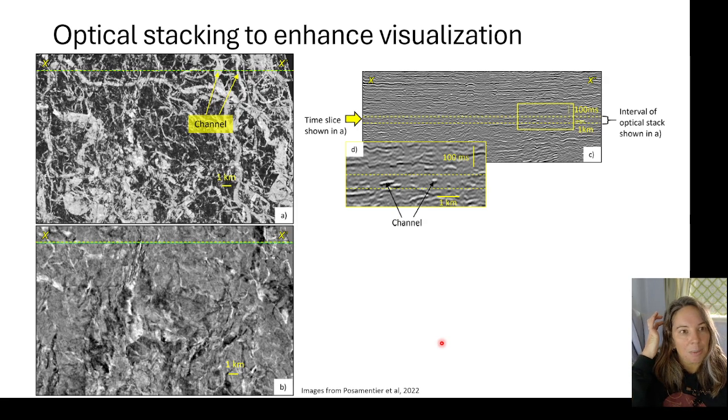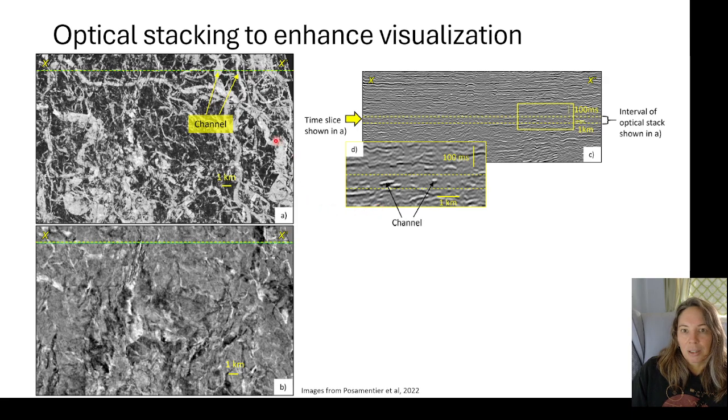Here's an example of optical stacking to enhance visualization. In this case, they took 80 milliseconds of data, right between these two dotted lines, zooming in here, and you could see these channels that appear as the bright reflectors, and they optically stacked it.